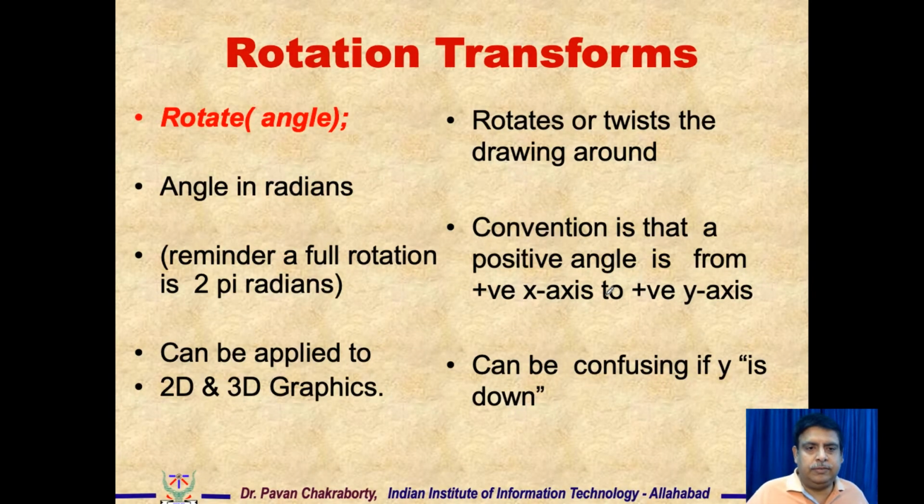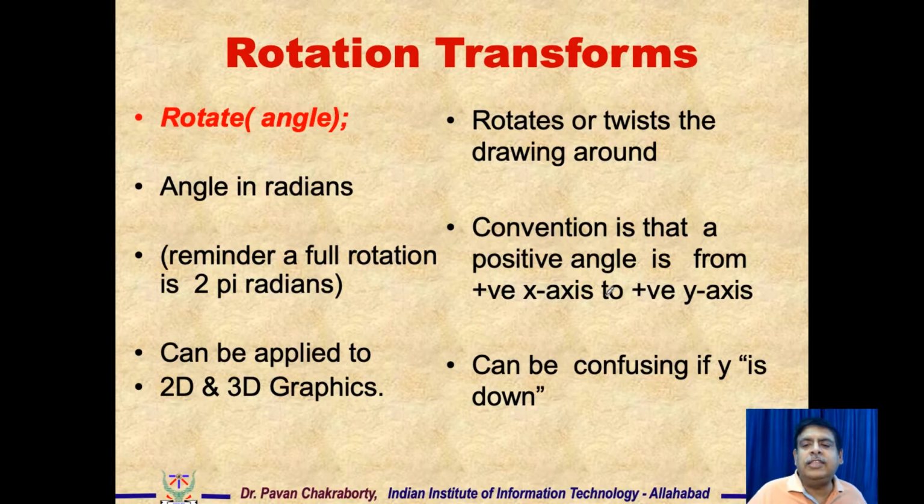Now rotation. We need to rotate by some angle. The angle is in radians. Remember, a full rotation is defined as 2 pi radians, and this can be applied to 2D as well as 3D graphics. It rotates or twists the drawing around.